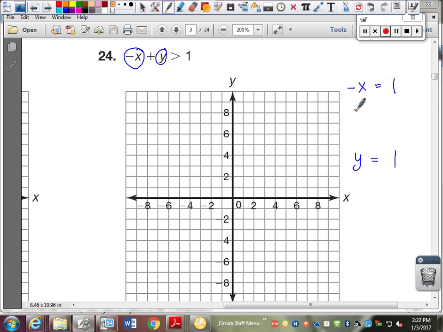So this x would actually be equal to positive 1, and that's already equal to negative 1. The example in class was better. Okay, x equals 1, y equals 1, and then we connect the dots and make a line.